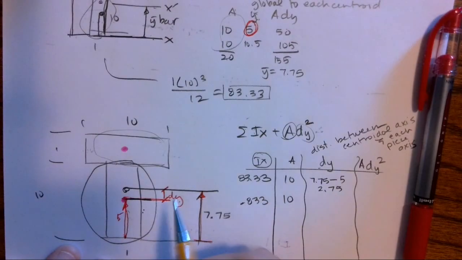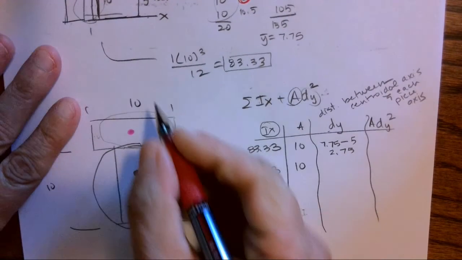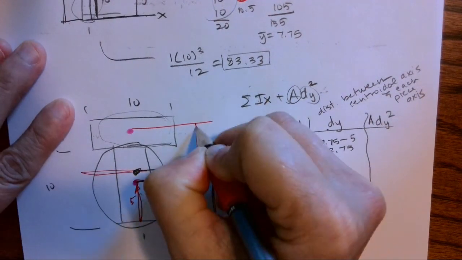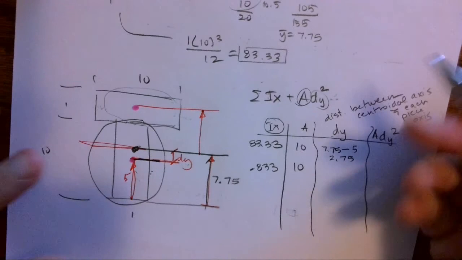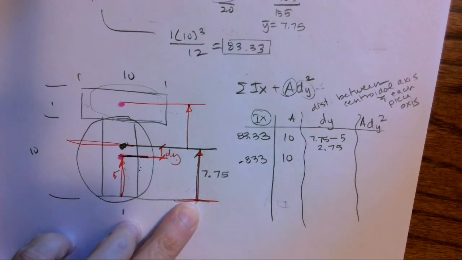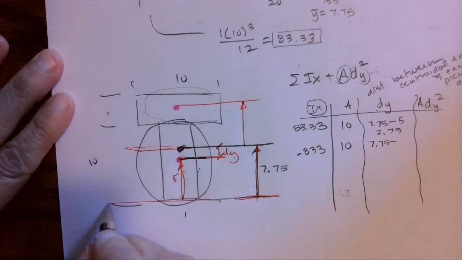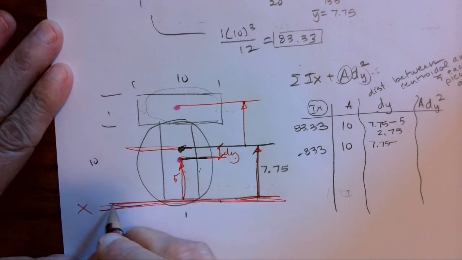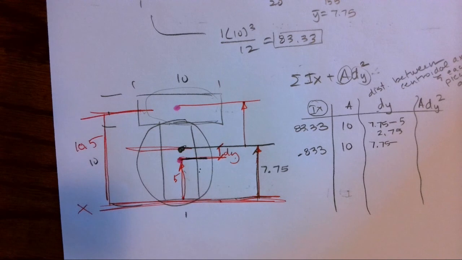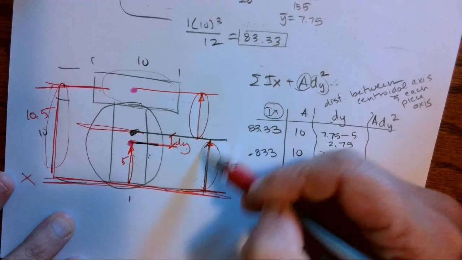Okay, again, I need to go from the centroidal piece of the hole. So again, the easiest way for me to do this is, well, I know this distance. That is 7.75. That's my y bar. 7.75 minus. I also know that from the same global x-axis, I can go up, and that's 10.5. So if I want this little nugget right here, it's just this and this, the difference.